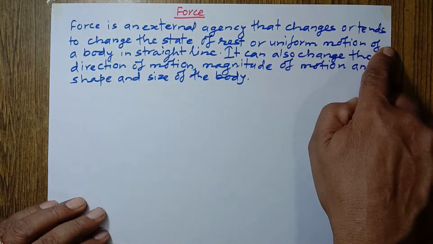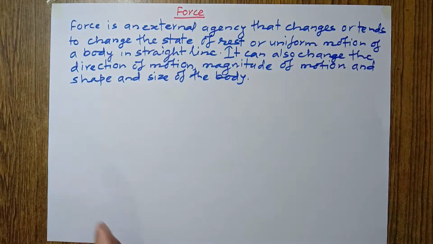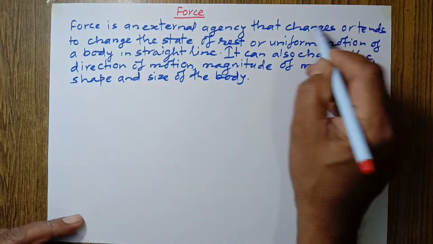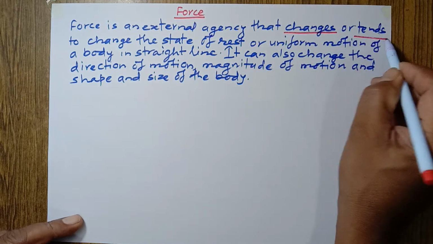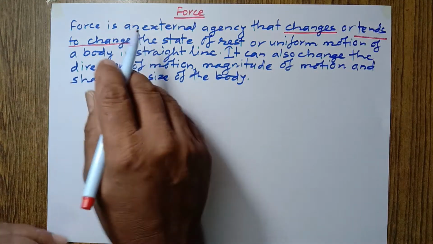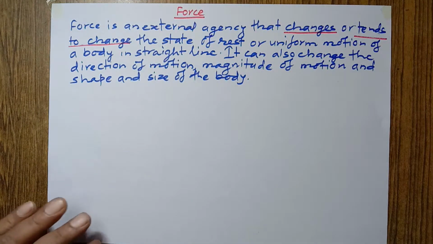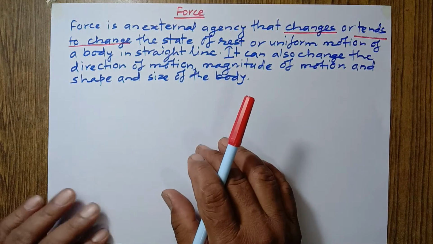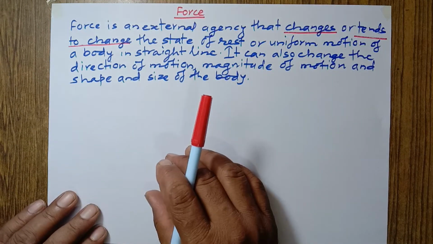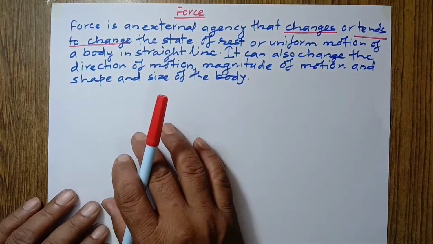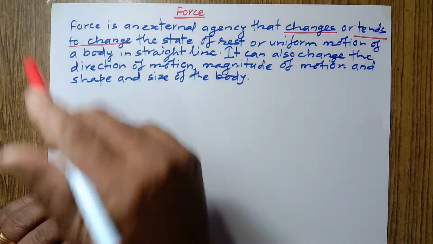Changes or tends to change. Look at this, changes or tends to change. What it means? It means sometimes what happens, force is applied, but the body doesn't come in motion from rest. Just for example, if we are pushing a wall of a house, then we cannot move it, but force is applied.